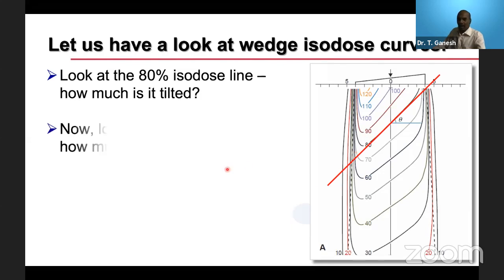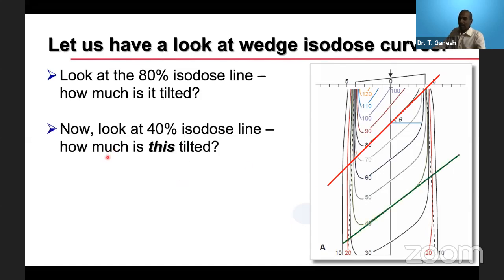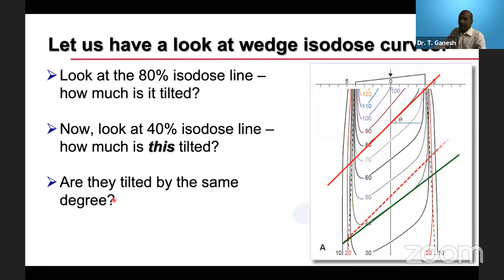Now look at the 40% isodose line. How much is this isodose line tilted? The question is, are they tilted by the same degree? Just for comparison purposes, I have drawn a parallel line to this red line as a red dotted line. If the 40% isodose line had also been tilted to the same extent, we could say that they are tilted by the same degree.